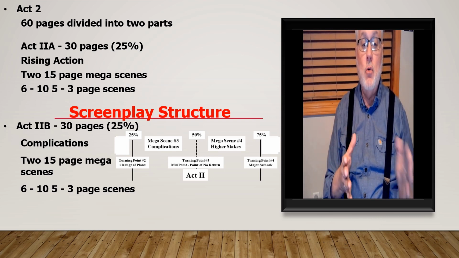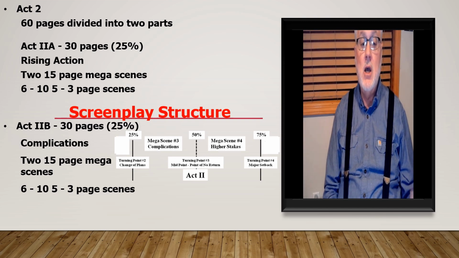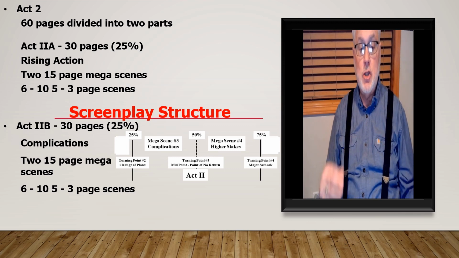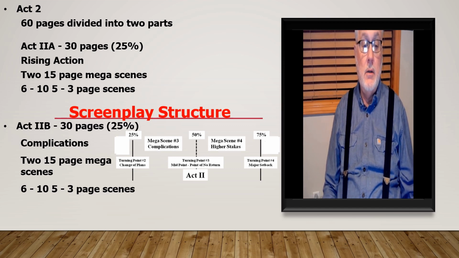So you have 2 15-page mega scenes, again 6 to 10, 5 to 3-page scenes. Then you have Act 2B, which is all your complications, and it's going to draw you into the third act. 30 pages, 20%. 2 15-page mega scenes.